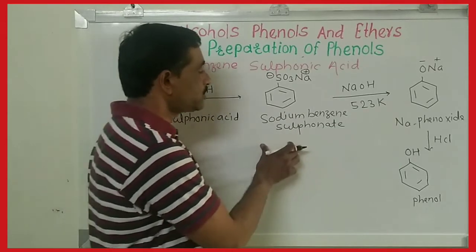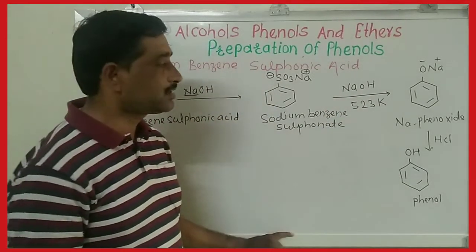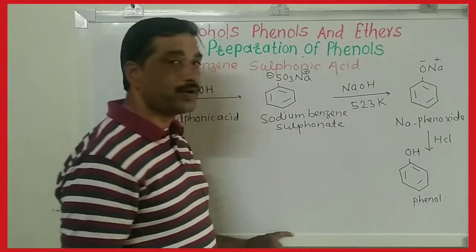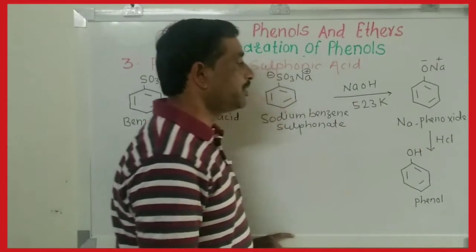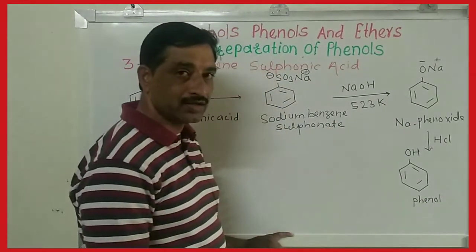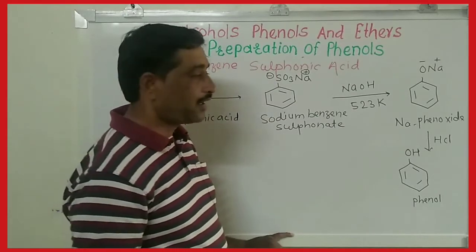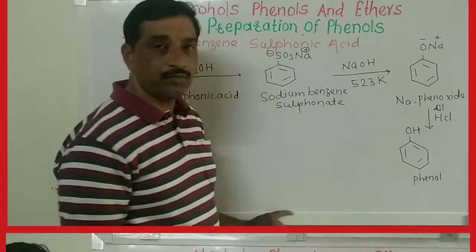It on reaction with sodium hydroxide at 523 Kelvin temperature gives sodium phenoxide, and this sodium phenoxide on reaction with dilute HCl gives the final product, that is phenol.